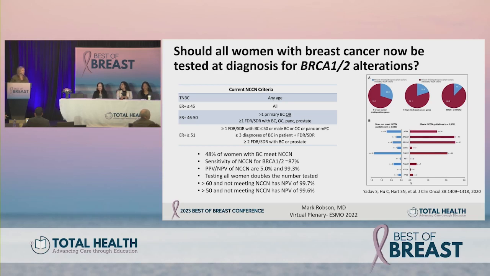This was a really nice presentation at ESMO this year by Dr. Robson, and they've now published that differential. If you strictly use NCCN criteria, depending on age, over 50 or over 60, there's a high predictive value by following the NCCN guidelines based on age.